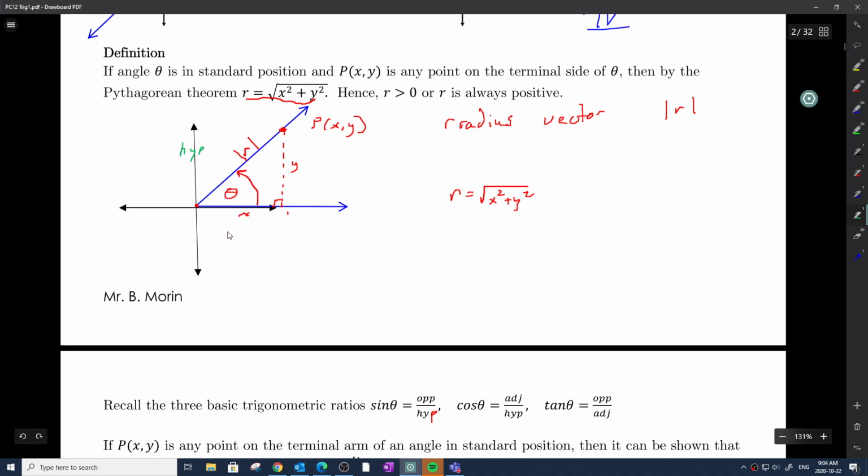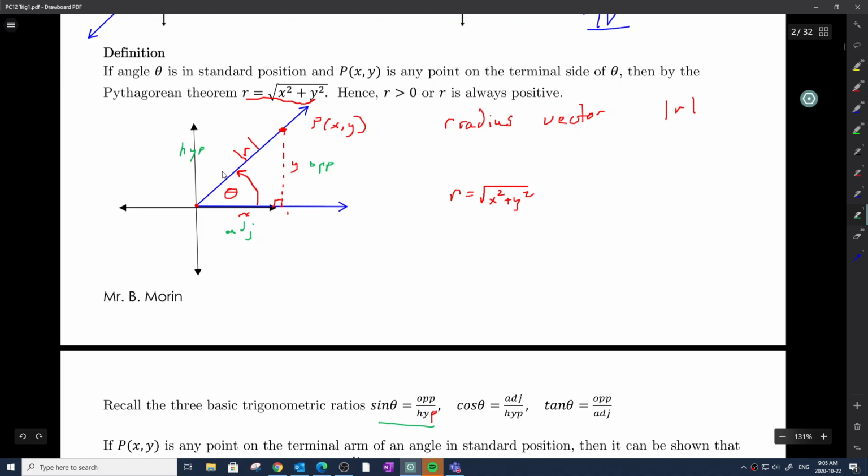With respect to theta, x is my adjacent. With respect to theta, my y is my opposite. So if you wanted to calculate the sine of theta, it would be y, opposite, over my hypotenuse, my radius vector r. Cosine would be the adjacent x divided by my radius vector r.